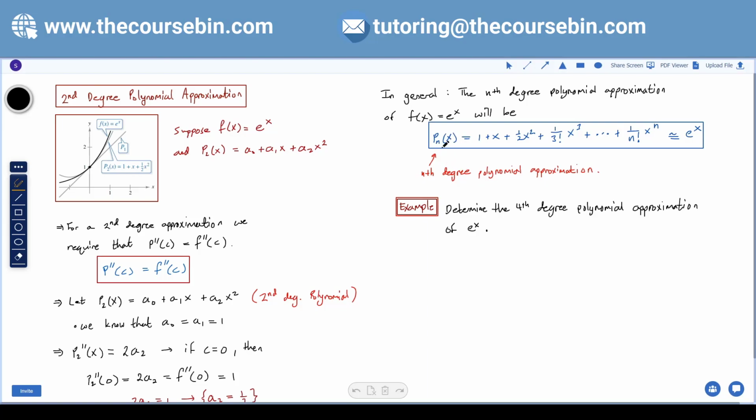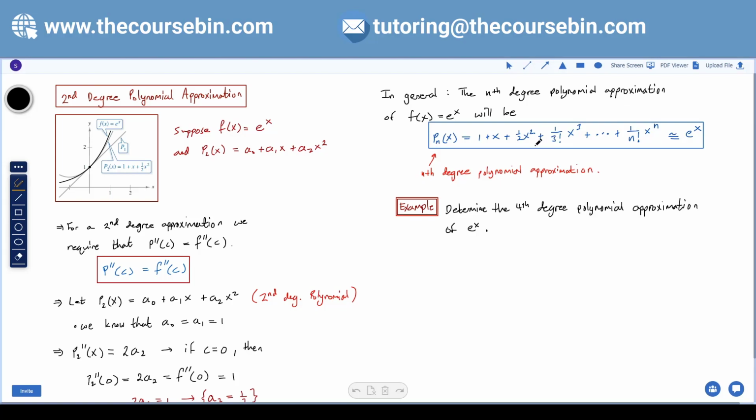The nth degree polynomial approximation for e to the x is just the sum of these terms up to the nth term, right? So this is our first term, but this is the 0th degree approximation. This is the first degree approximation. This is the second degree approximation, and so on and so forth, right?